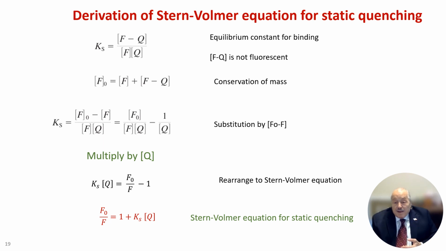We rewrite the association constant using that conservation of mass, and then it's really quite simple. We multiply by Q, and we get something that looks like the Stern-Volmer equation, and by simple rearrangement, it is the Stern-Volmer equation for static quenching. So from first principles, you can get the static Stern-Volmer quenching constant.